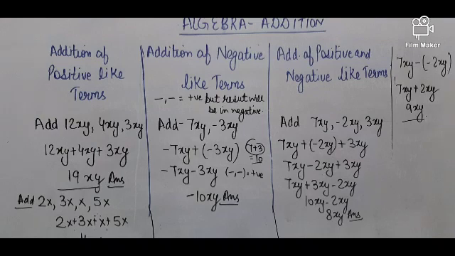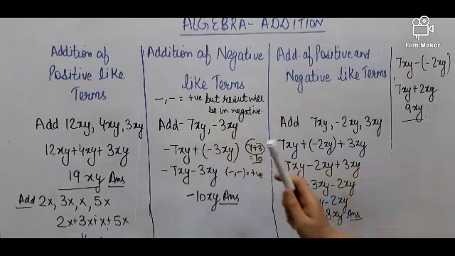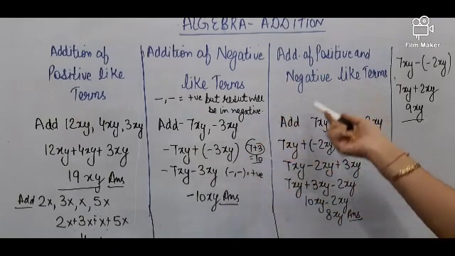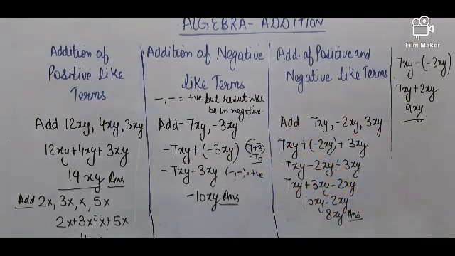In addition of negative terms, you have to write the negative terms in brackets. The first term needs no bracket, but after the first term, when you have multiple terms, you write them in brackets, solve the brackets first, and then do addition. In addition of positive and negative like terms, again write the negative terms in brackets, then open the brackets, and always follow the BODMAS rule. Don't forget to follow the BODMAS rule.